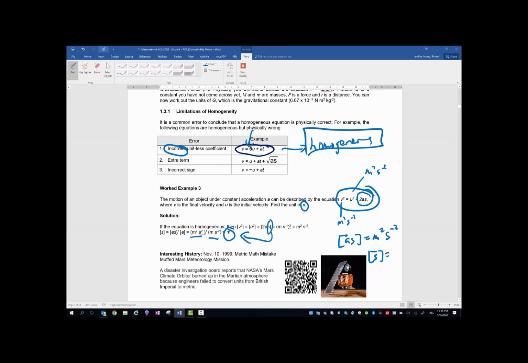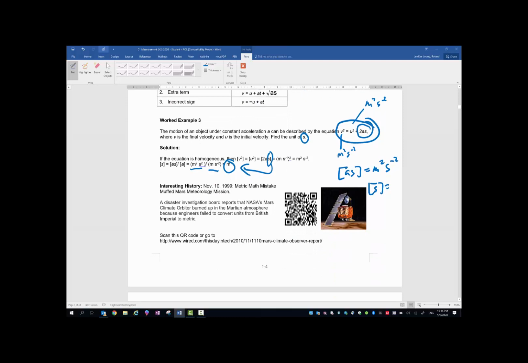This is just a simple demonstration. There's something interesting in this. Sometimes I put in some of these interesting historical occurrences that hopefully will spice up the subject a bit. So do look at this: scan this QR code, or go to this link, and you'll see the tragic episode.